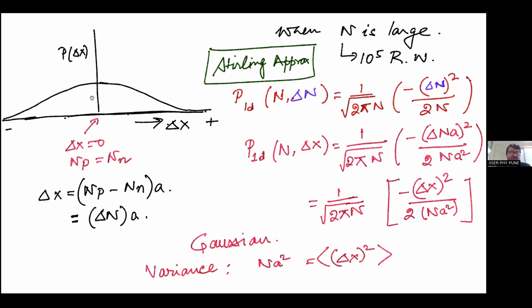Yes, if n increases, there are going to be larger deviations. Agreed, right? But the deviation from the middle high point is not going as n. The deviation is going as root n.